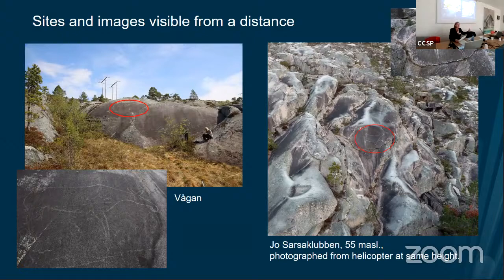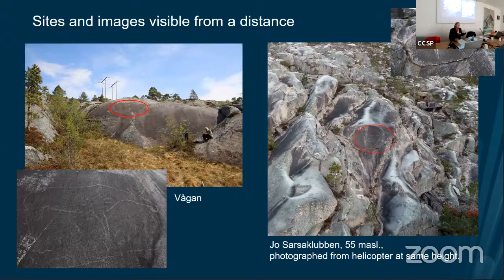There were no tall trees, very low vegetation that didn't hide the view of the rock art sites from you. And we also have to take into consideration that these rock art motifs would have been more visible when they were made 8,000 to 10,000 years ago than they are today, where weathering and water and what have you have made them perhaps slightly less visible.